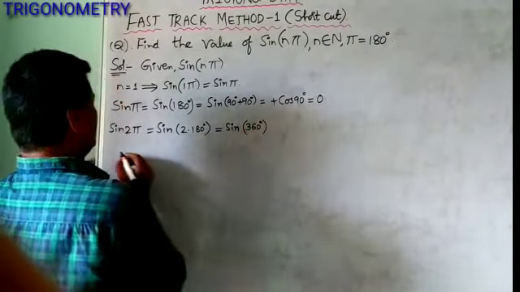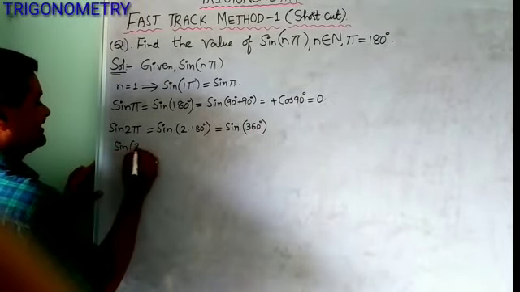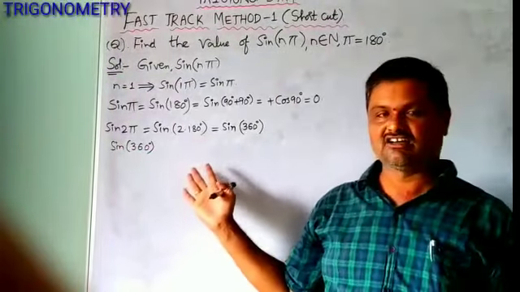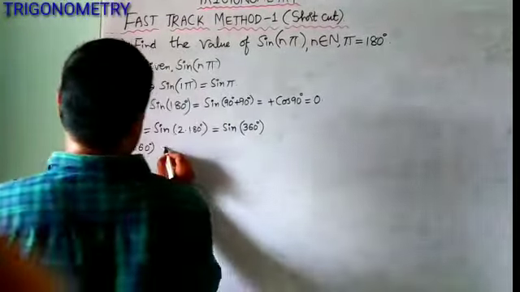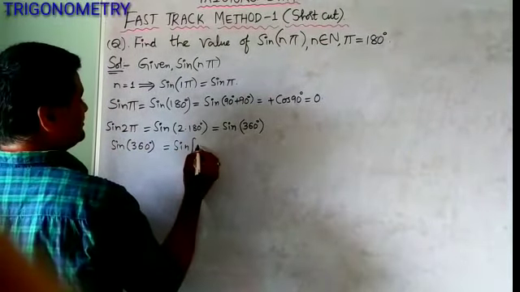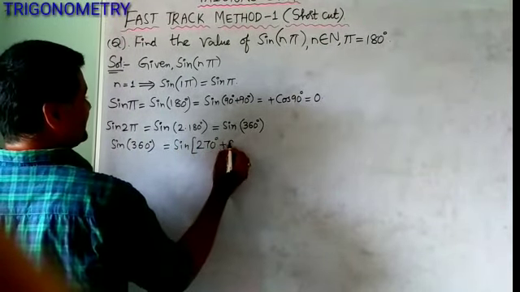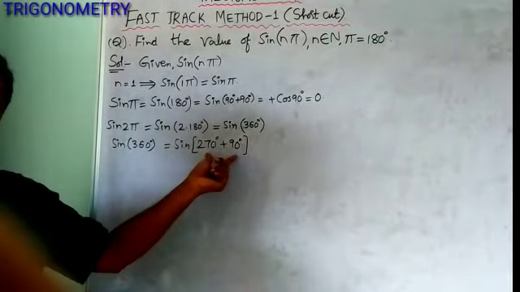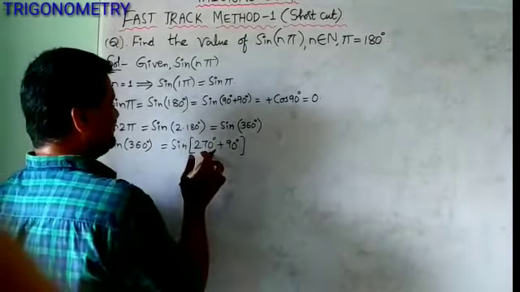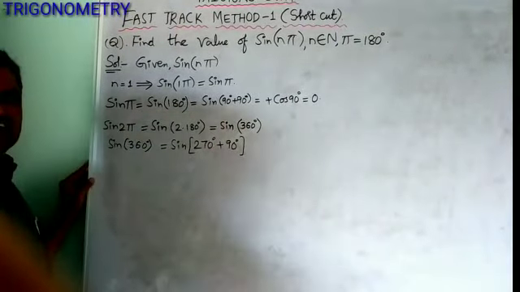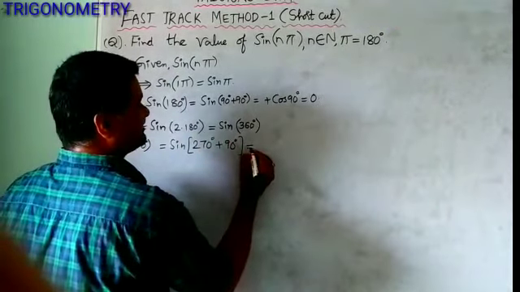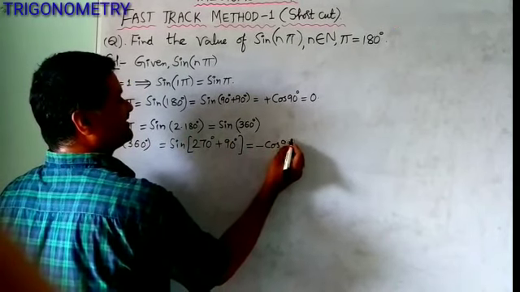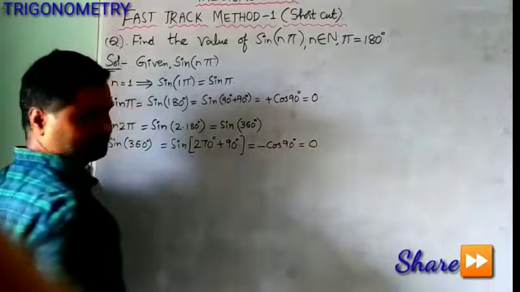Let us calculate sine 360 degrees. 360 degrees can be expressed as sine of 270 degrees plus 90 degrees. As you know, 270 plus theta lies in the fourth quadrant, and here we have 270, an odd multiple of 90, so sine becomes cos, and in the fourth quadrant sine is negative, so minus cos 90 degrees. So finally it is 0 again.